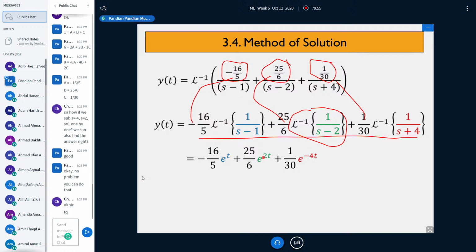The inverse Laplace table is at slide number 5 under section 3.2. So we have to refer to section 3.2, class. Very important, yeah?